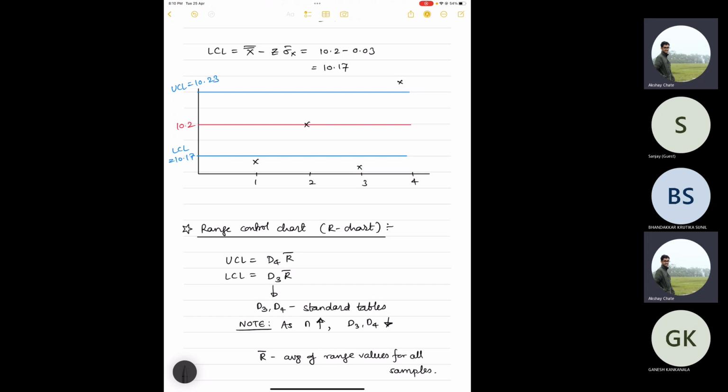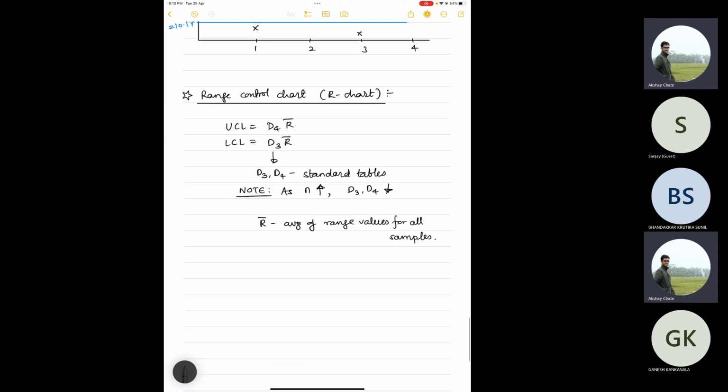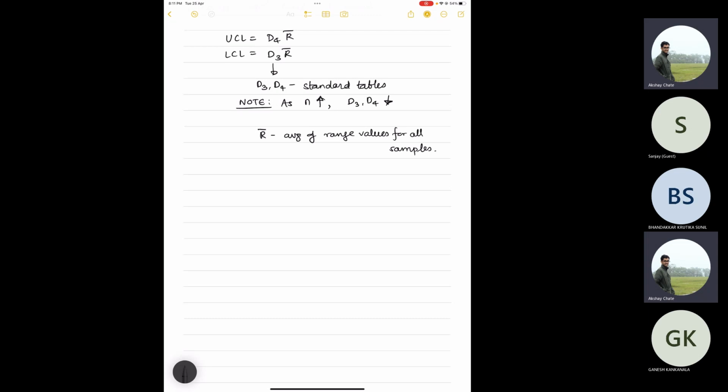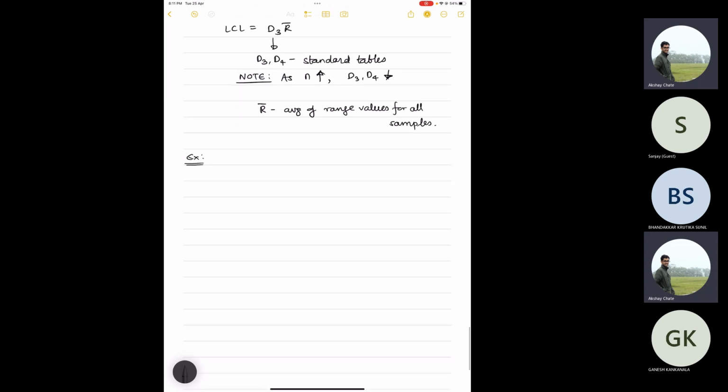And then what you do, you don't look at the... okay, I think I should draw one because this is slightly different. Okay, I'll take one example quickly. So here you have 4 units per sample.